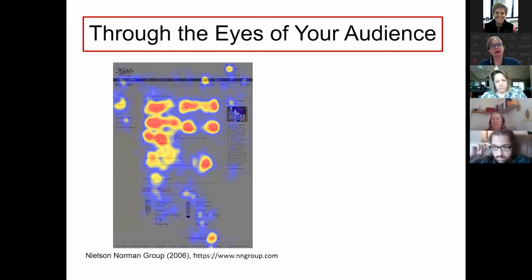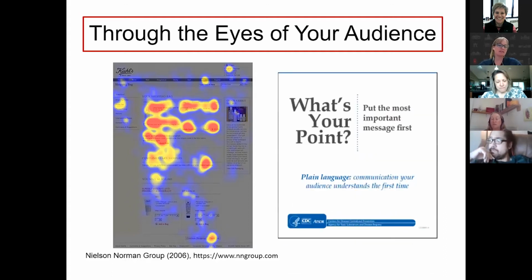Many people will decide within the first 1 or 2 lines, and even the first 3 to 4 words of those lines, whether they're going to continue reading, whether the information is relevant for them. So the key lesson for us is that if our audience doesn't see how the message is important to them, they may not continue reading, and then our entire message can be lost.